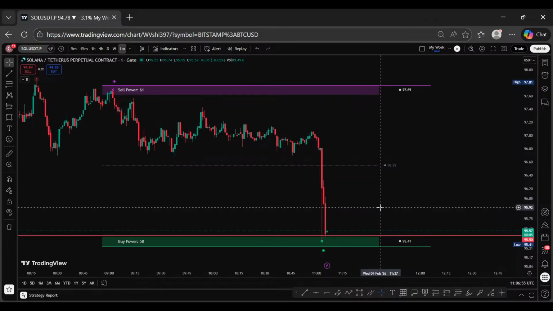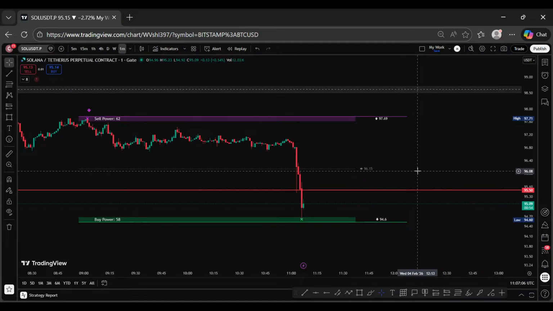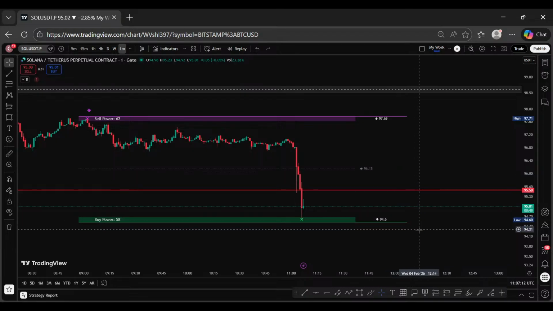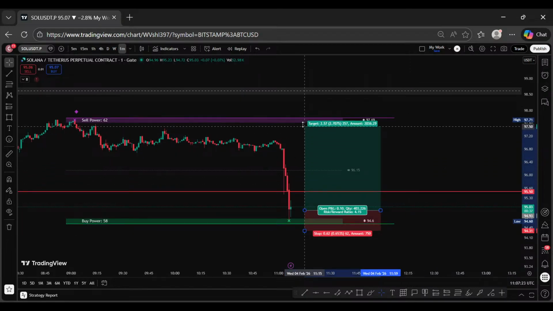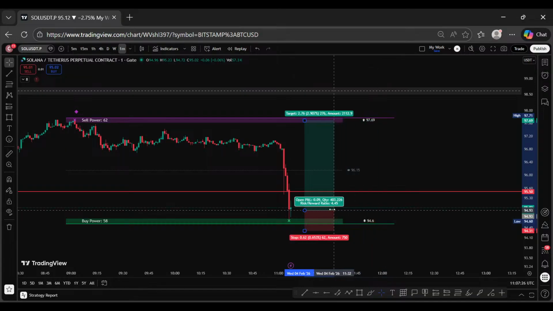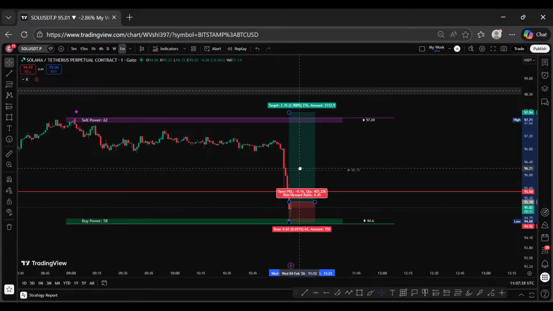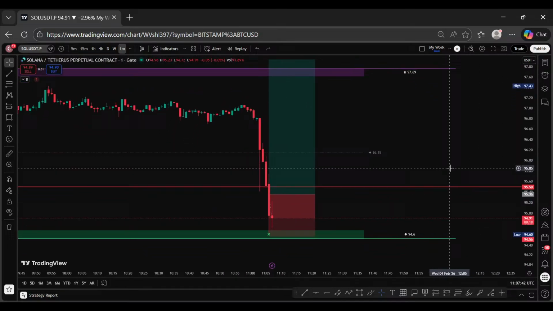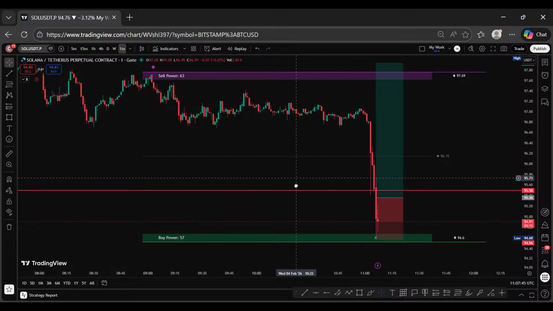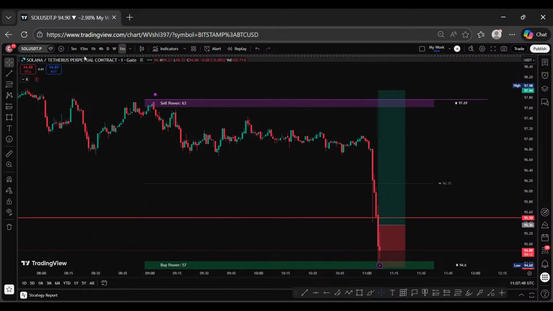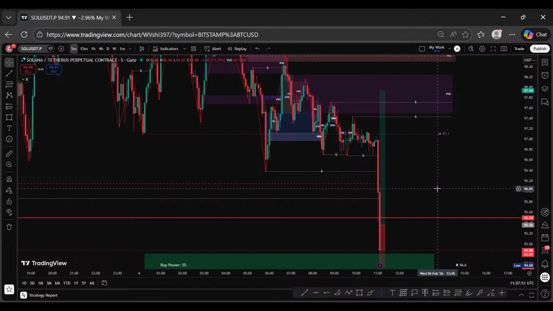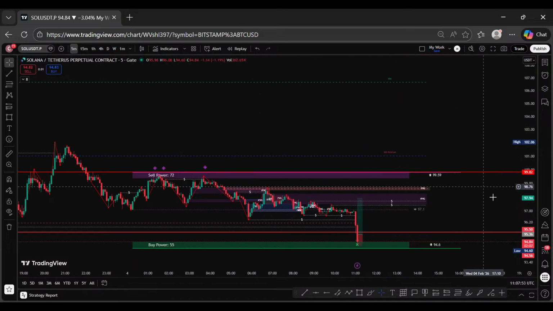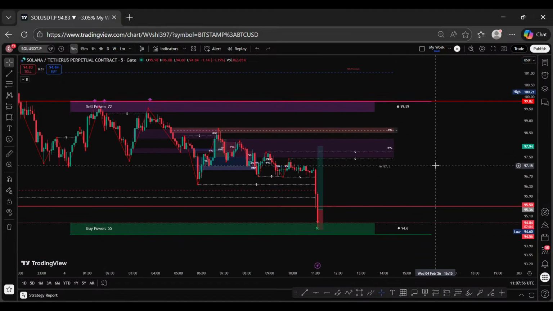It could go to the next level on Solana USDT, up to this area, but let it be confirmed first, with an order block here as well. After a long sideways consolidation, the market has been shifting.